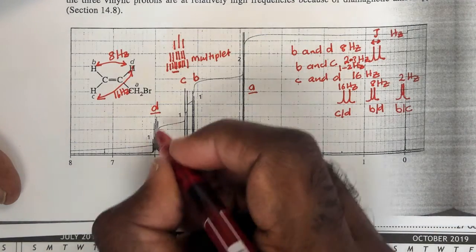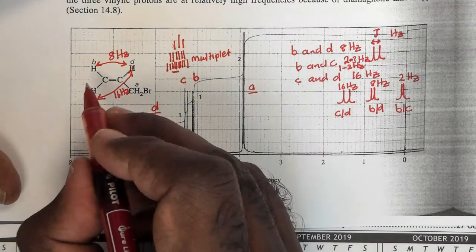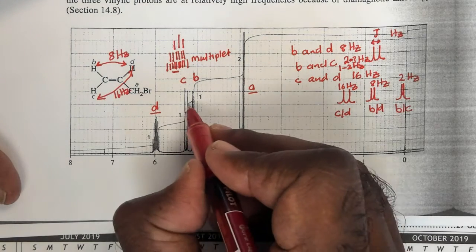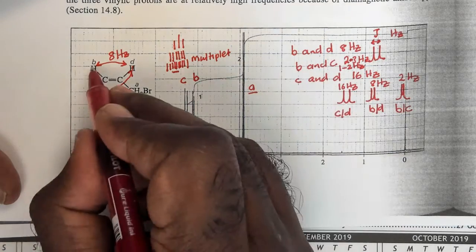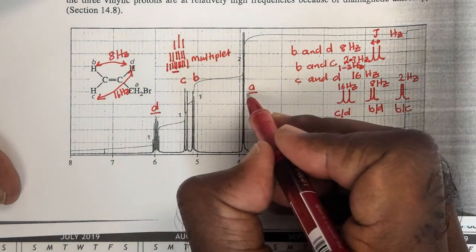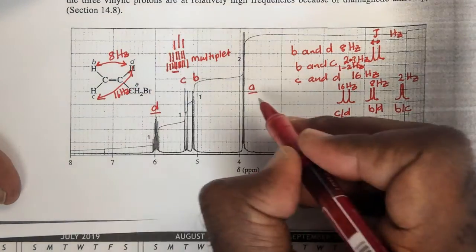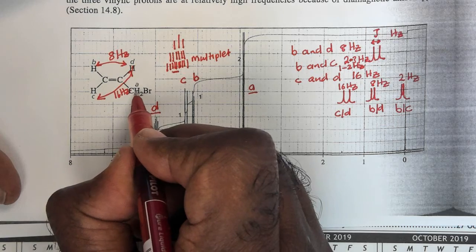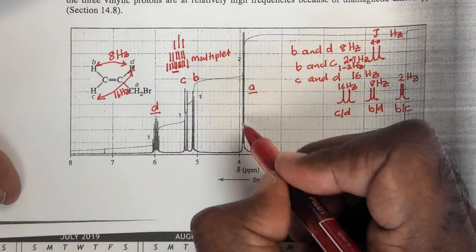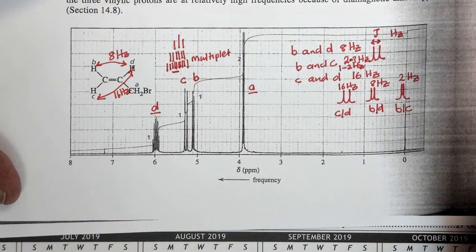So that's why D appears as a multiplet, and B and C appear as doublets. Ideally they should be double doublets, but we don't see that small geminal coupling, and A is a doublet because it's next to a CH group. There are certain times where you do get long range coupling from that proton to this proton, but we don't see it in this particular example.